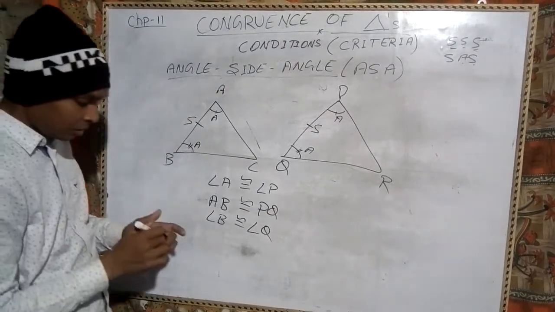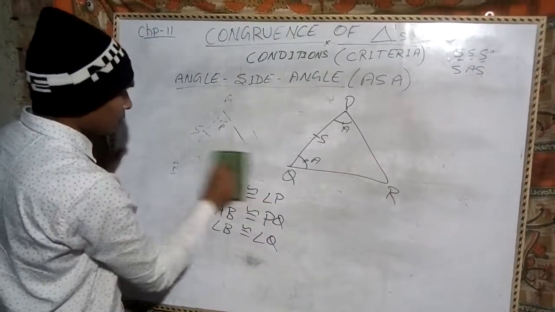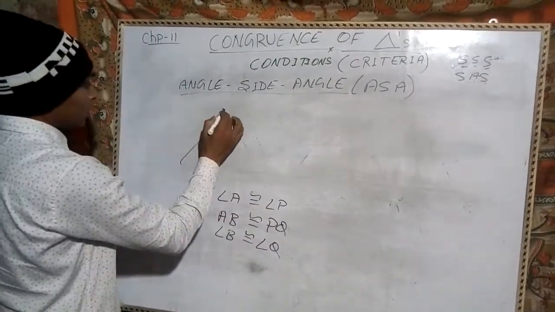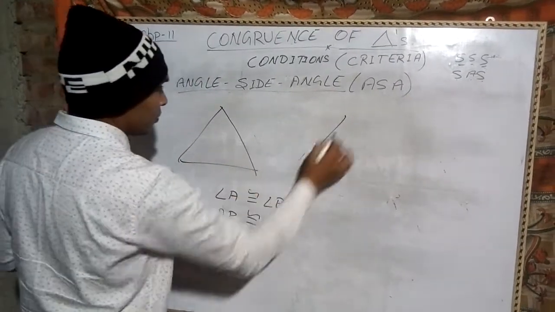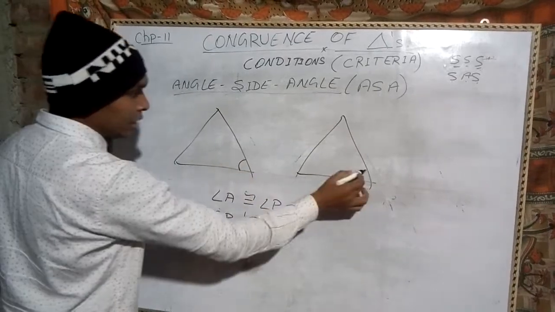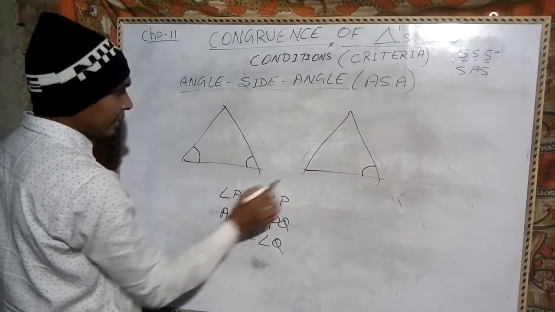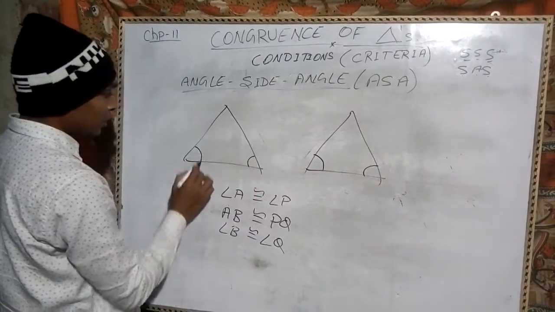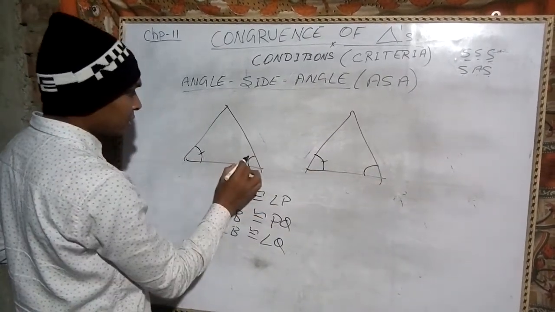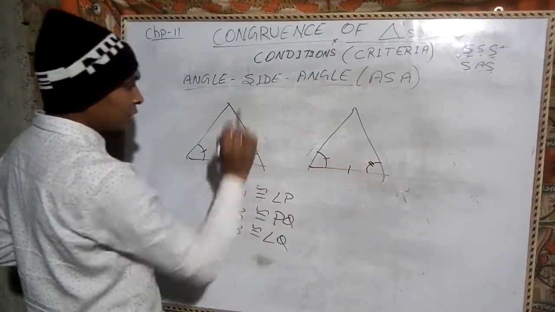Another condition you can see, like if we take this angle equal to and similar to this angle, and this angle equal to and similar to this angle, and this side equal to this side.